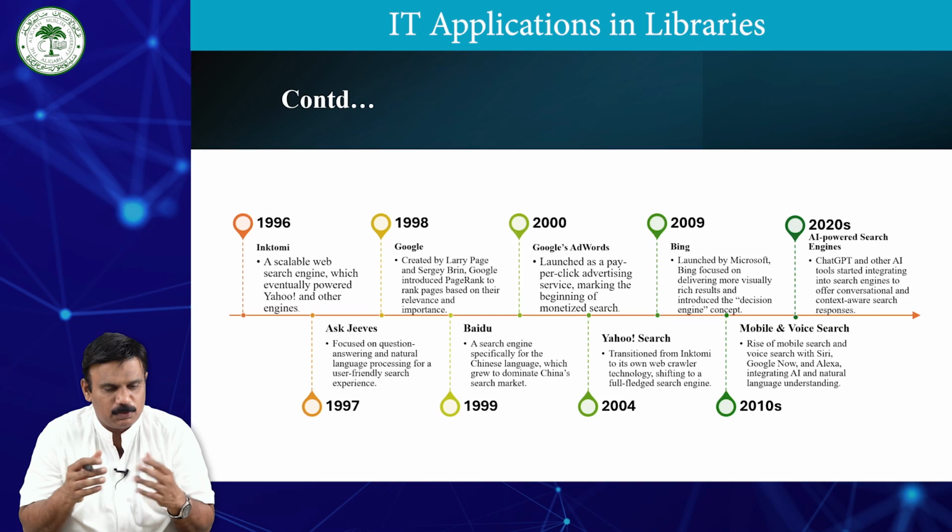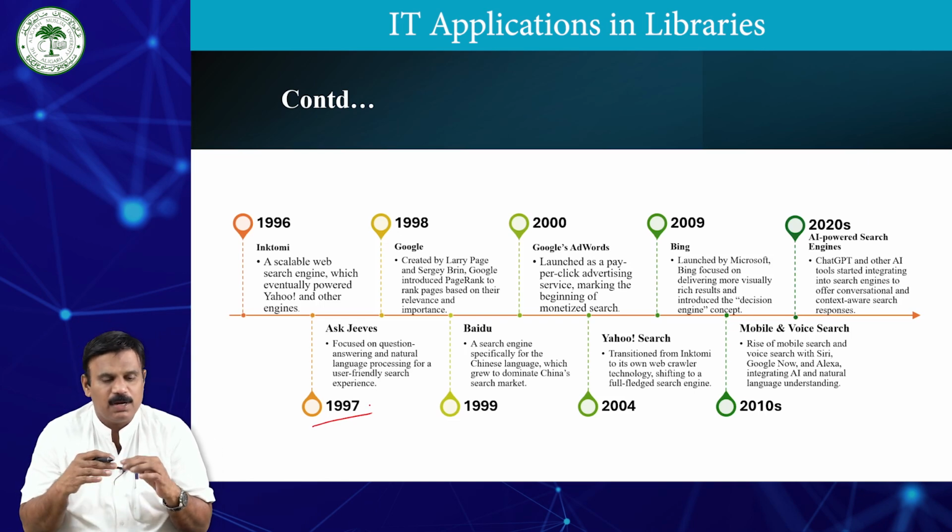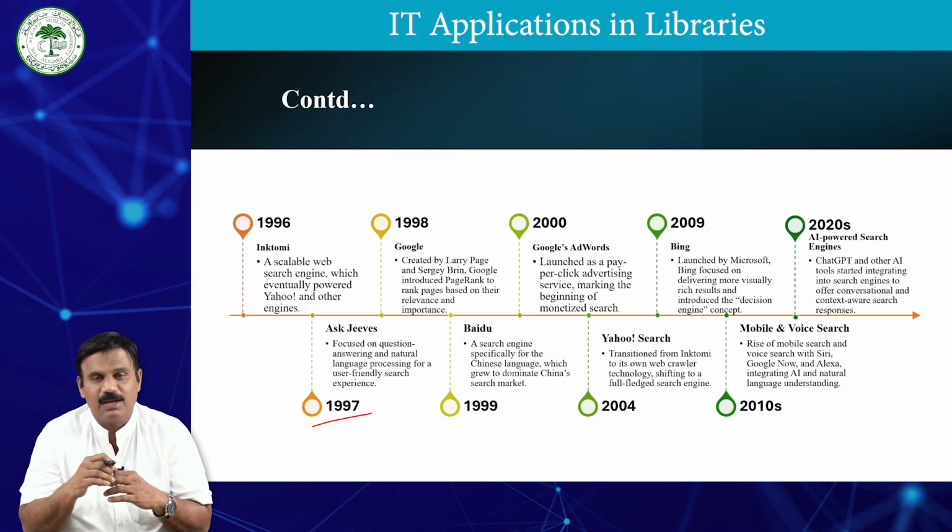And in 1996, we have Inktomi, a scalable web search engine. In 1997, we will find another development in the form of Ask Jeeves. Ask Jeeves focused on question answering and natural language processing for a user-friendly search experience.